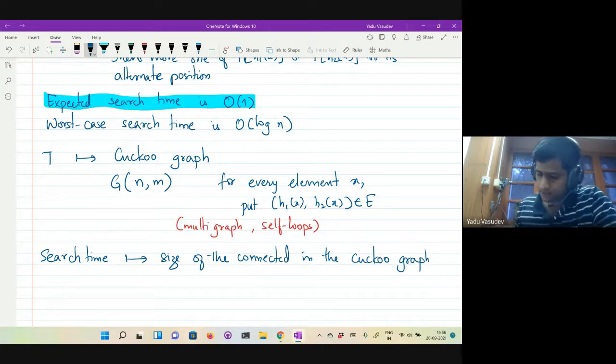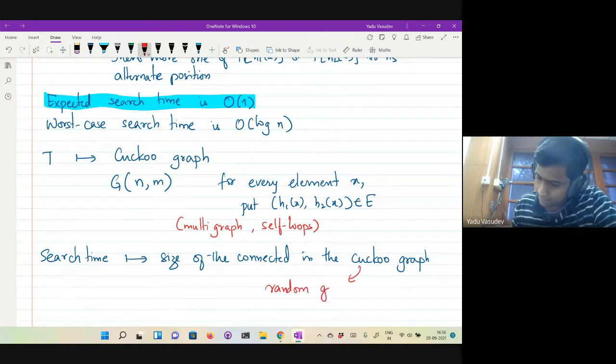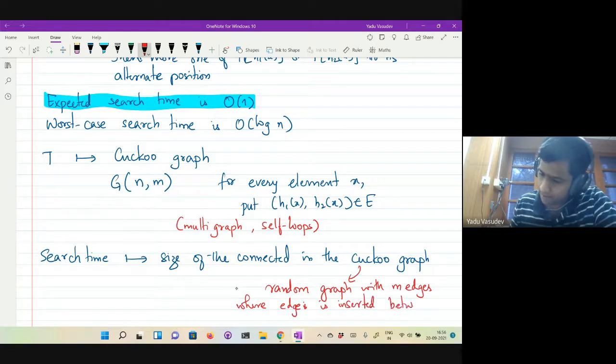And this cuckoo graph is basically a random graph with m edges, where edge i is inserted between two vertices chosen uniformly at random.